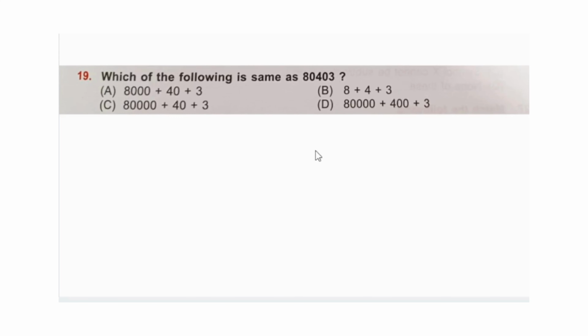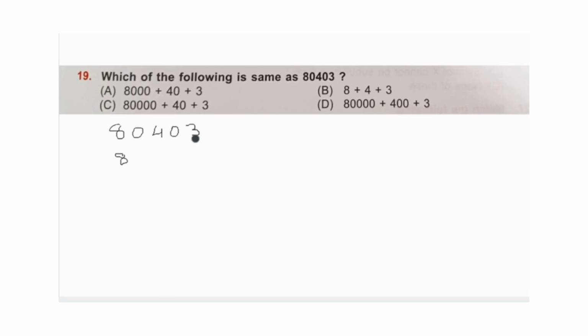Let's look at question number 19. The question says, which of the following is the same as 80,403? Let's break down the number and map the face value with the place value of each digit. Starting from left to right, this is 8, the first.